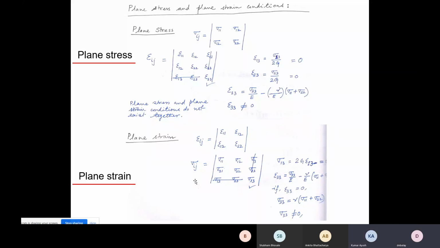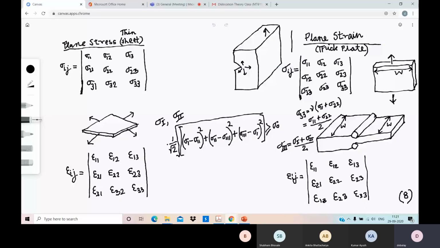Depending on the size of the specimen, the loading condition changes. If I use a thin specimen, not very wide, then if you apply a uniaxial stress, it will be really uniaxial.